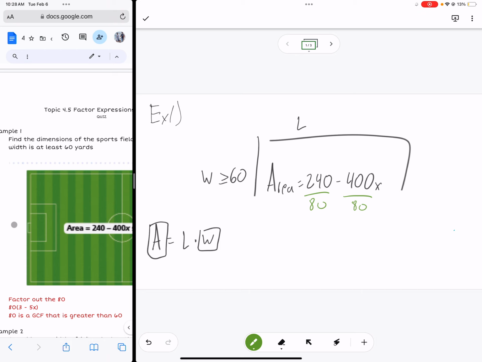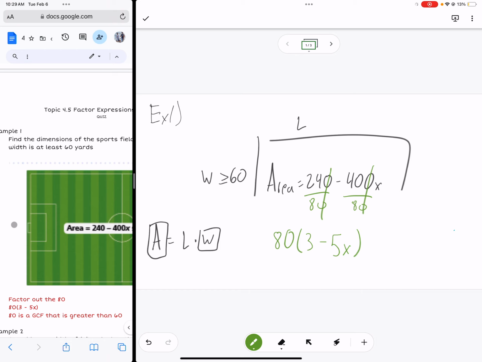So does 80 seem like the highest number? All right, yeah. So we're just basically factoring by the greatest common factor. We can cancel out these zeros. So if I factor by 80, what's 24 divided by 8? That's a math fact. 3. And it's going to be minus 40 divided by 8, which is 5x. Right? So I factored it.